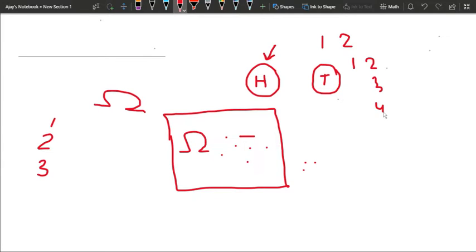Another possible outcome is tail and it's raining, and finally another possible outcome is tails and no rain. This set consisting of four elements is also a perfectly legitimate sample space for the experiment of flipping a coin.